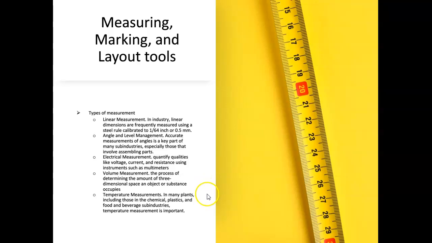And of course, we also have temperature measurements, especially useful in chemical, plastics, and food and beverage sub-industries, where getting a product to a certain temperature is vitally important, whether that temperature needs to be higher to kill off bacteria or high enough to create the mixture or make sure that some type of catalyst reacts. Those are important things to happen as well.